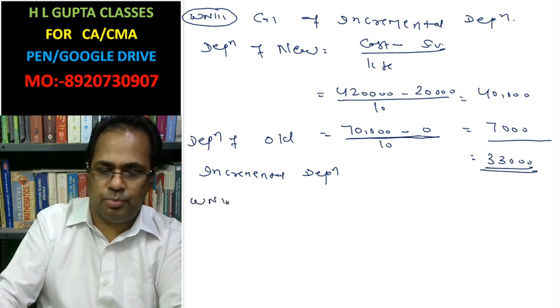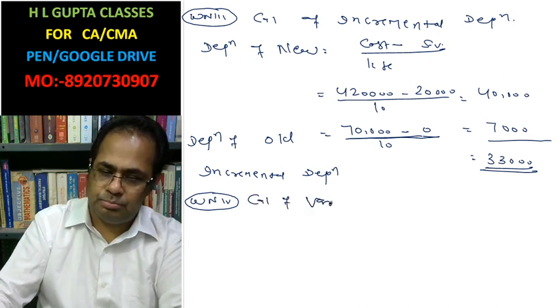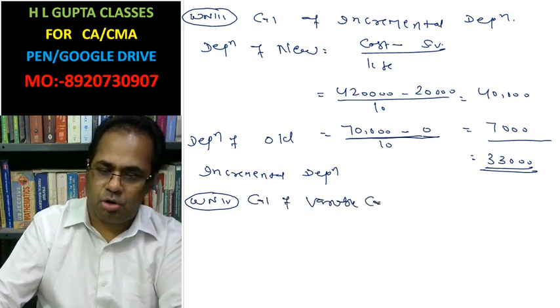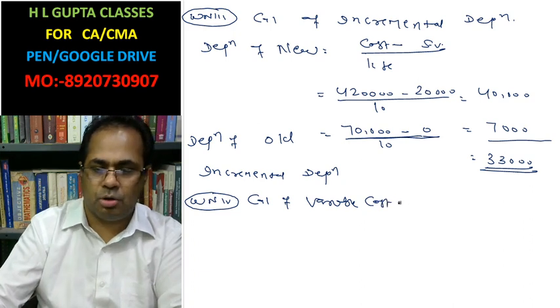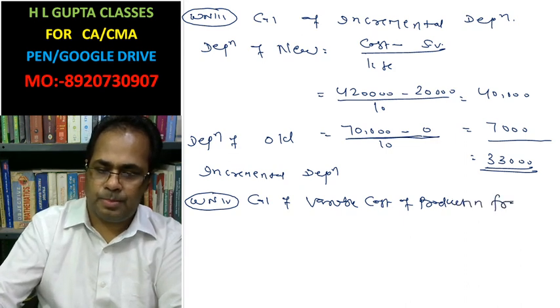Working note 4: calculation of variable cost of production from old and new.